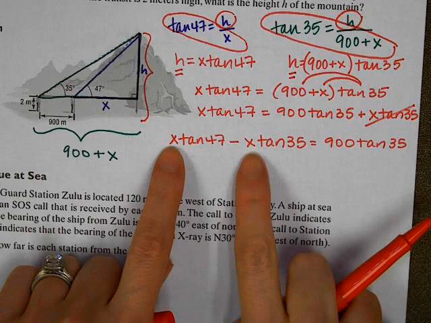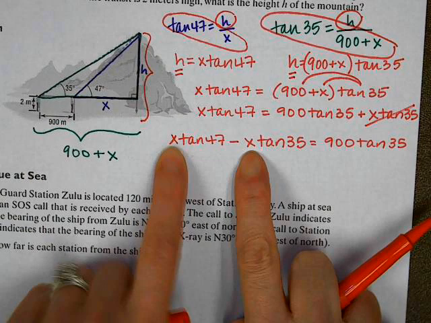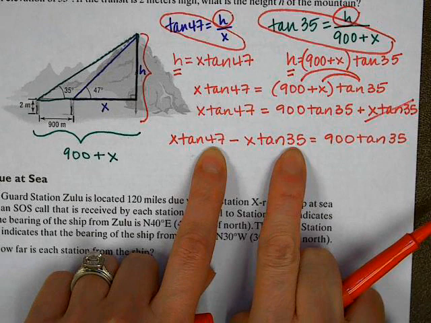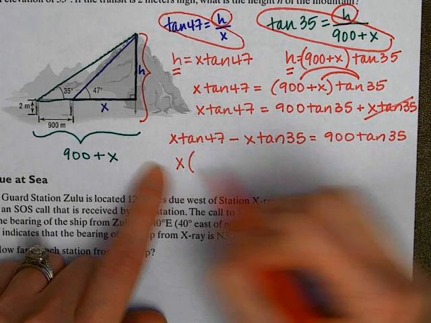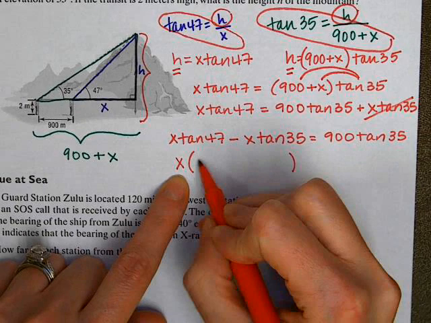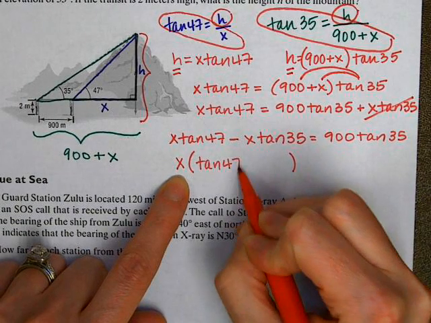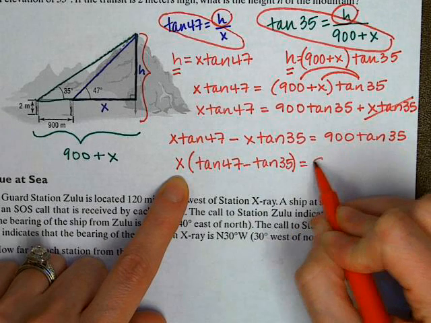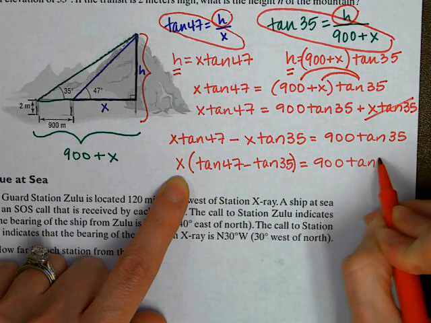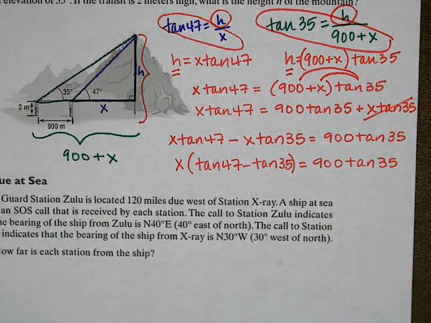Now don't even think of doing x minus x is 0. Don't even think of subtracting these angles. Now what we want to do is factor an x out. So if we factor an x out, it's x times tan 47 minus tan 35 equals 900 tan 35. And now we're almost done.